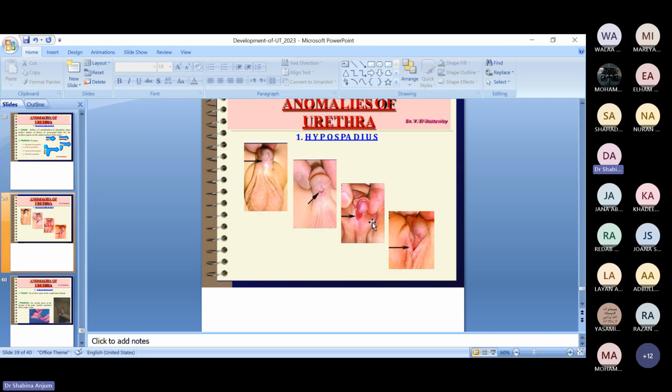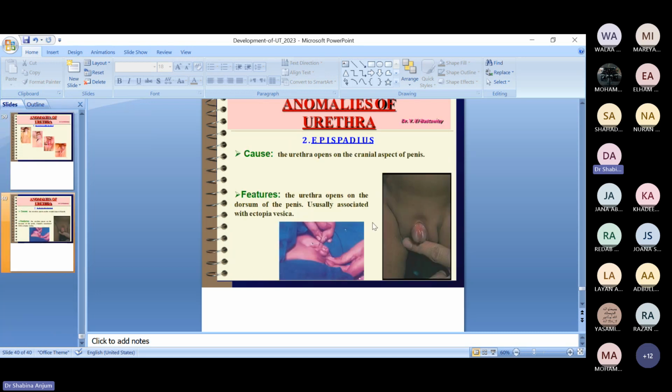But what is epispadias? It will be opening on the cranial aspect. Just remember these 2 terminologies and how they are different: epispadias opens over the cranial part, and hypospadias over the undersurface.